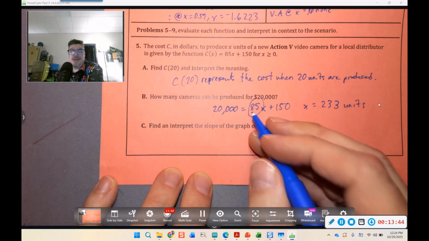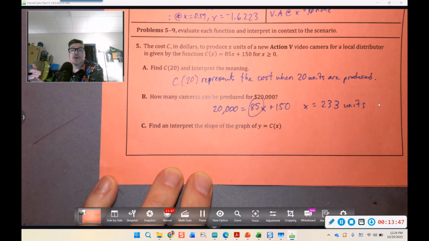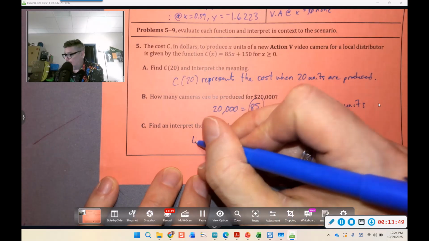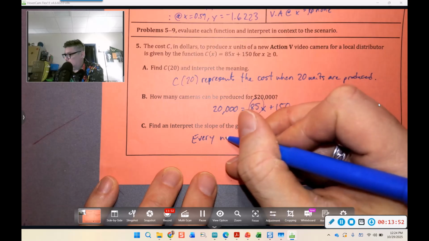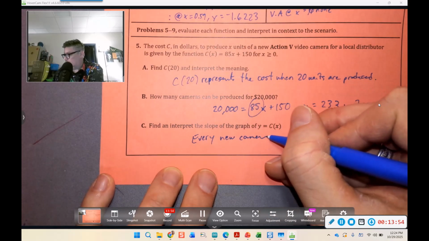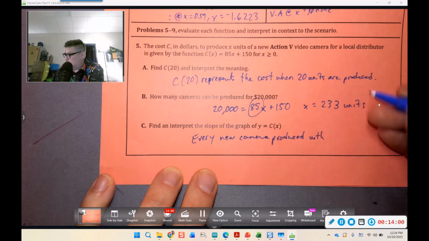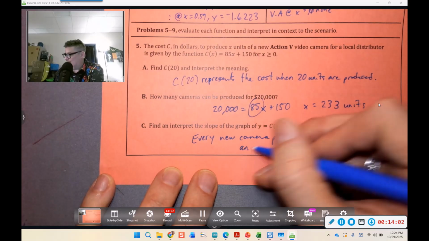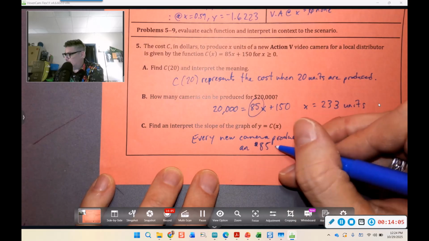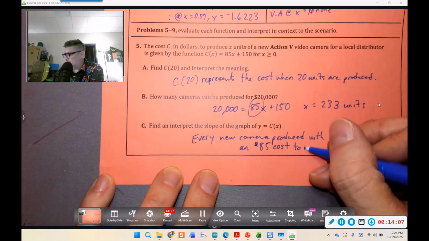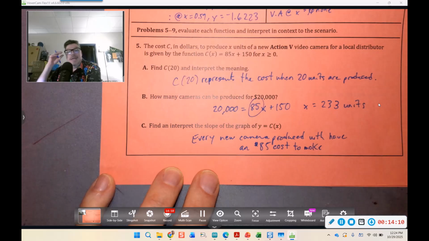And then every time I want a new camera produced, every new camera produced will have an $85 cost to make. If I got 2, of course, then I would multiply 85 by 2. So every single camera is going to cost me that $85, and then the 150 initial startup. That's all that the slope means.